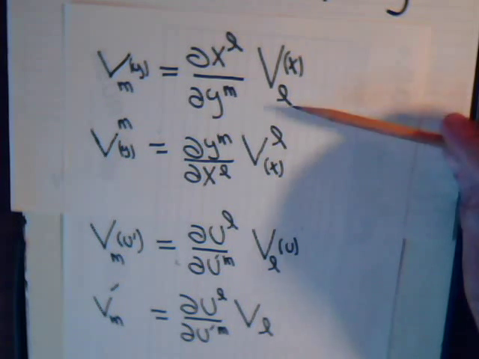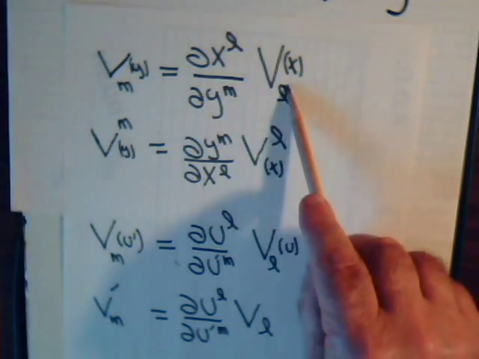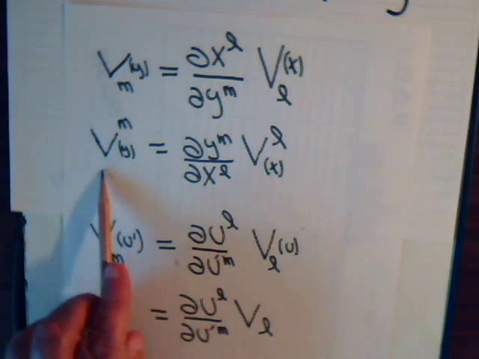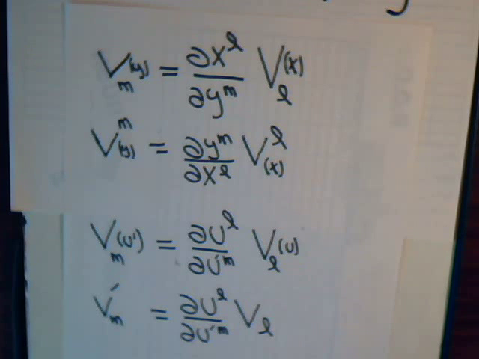Then in the y curvilinear coordinate system, the covariant components are found by using this equation. And for the contravariant components, they transform according to this equation. And again, we had covered these in the first couple of videos.